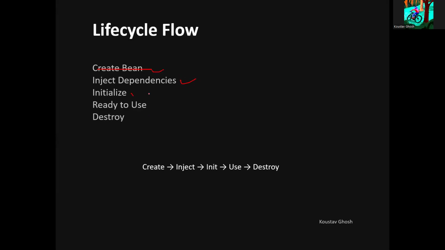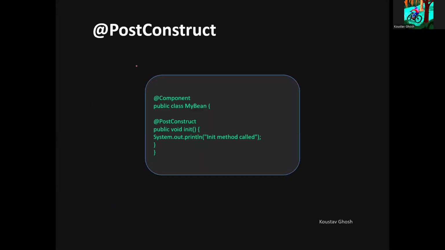After that, the bean is initialized. Next, the bean is ready to use. And after the usage of the bean, finally it is destroyed. So the overall flow is: create, inject, init, use, and destroy. Right? So let's see what is going on here.